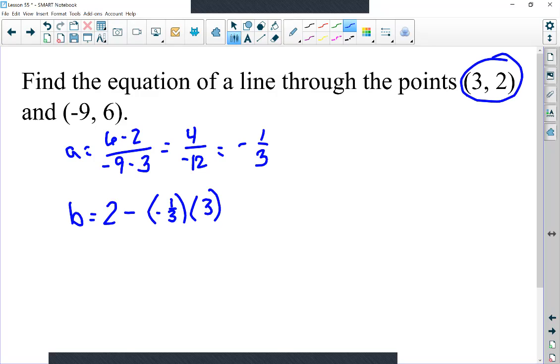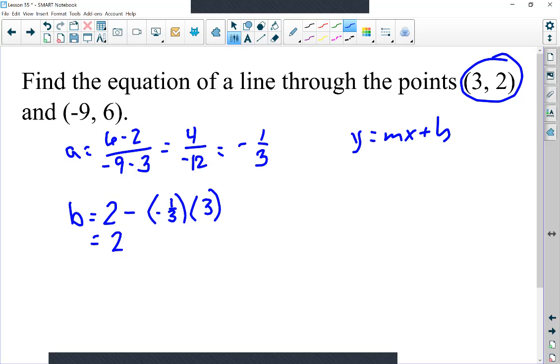I think we maybe did this in Algebra 2, where we did y equals mx plus b and substituted into that formula and solved for b. Here they solve for b first and then they plug the values in, but it's the same idea, same concept.